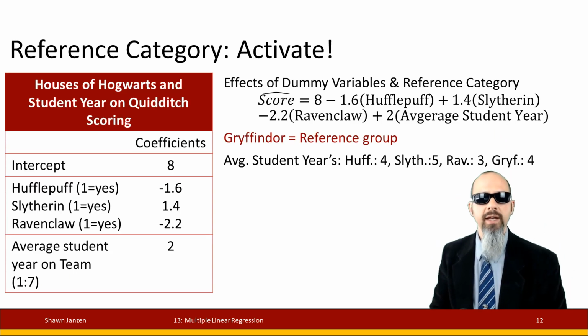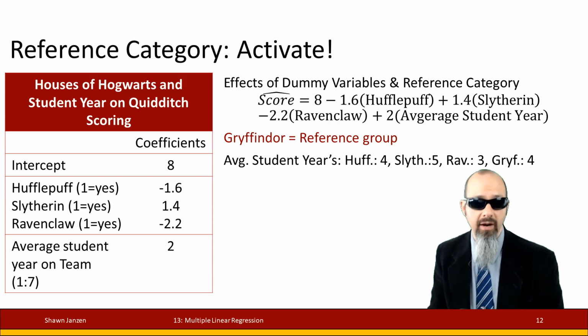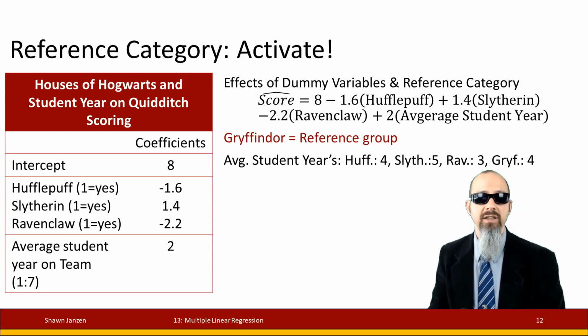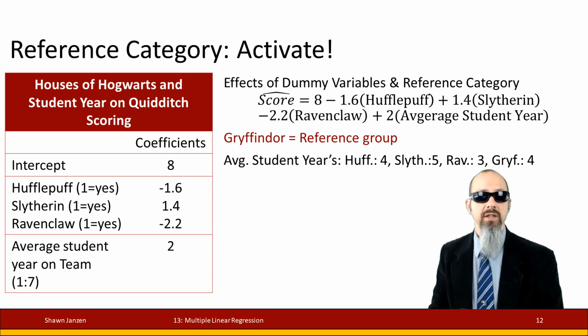So let's go ahead and do a brief walkthrough of an example. This isn't in R, this is just a fun little made-up case in which we're going to be looking at the world of Harry Potter and using Quidditch matches. So in this particular case at Hogwarts, there are the 4 houses that the students can go into: Hufflepuff, Slytherin, Ravenclaw, and Gryffindor.